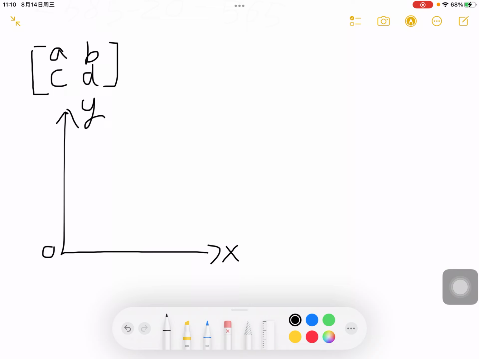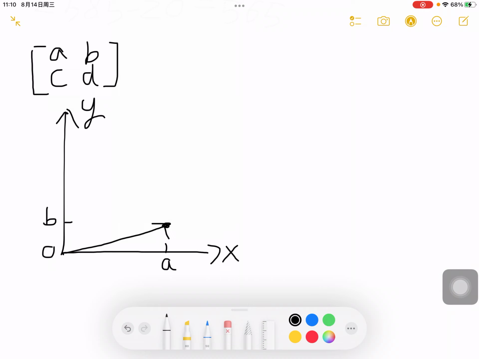So let's just start. I'm going to first plot the vector AB. Let's say this is A, this is B. The vector AB would be something like that, and that's the endpoint, right? And it would go something like this. Okay, and I also want to plot the vector CD.